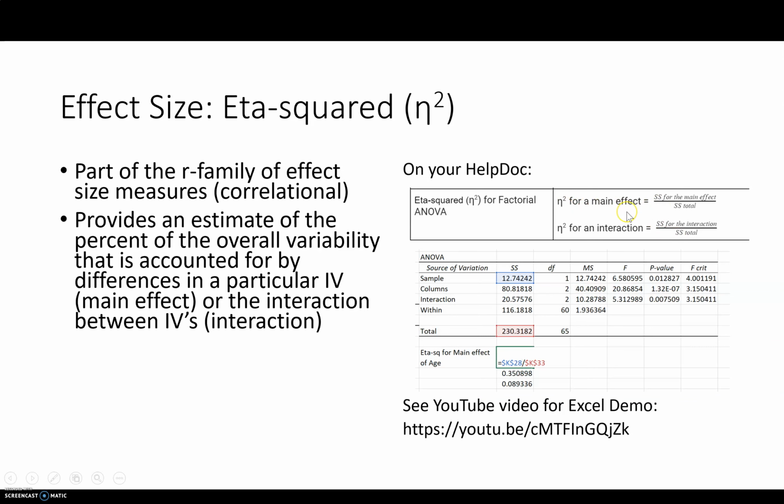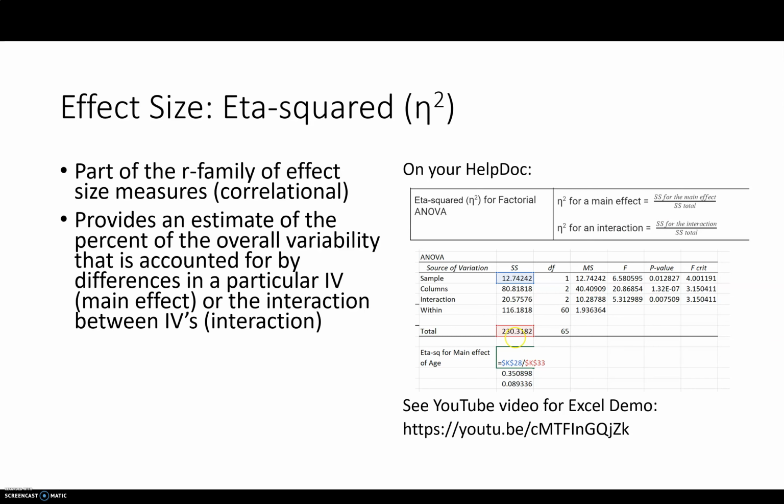These are the formulas which are on your help doc. For a main effect, it's just the sum of squares, the SS for the particular main effect that you're interested in, divided by the sum of squares total. And then for an interaction, it's just the SS for the interaction divided by the SS total.